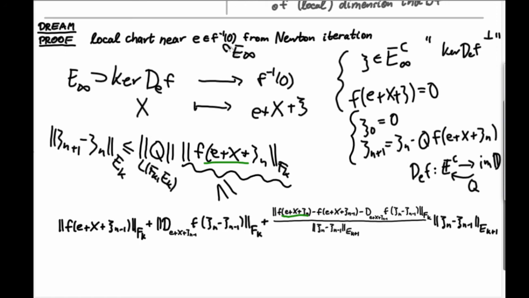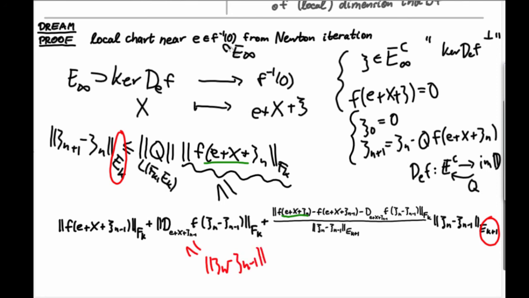One of the problems is that this bounds the EK norm of that difference in terms of the EK plus 1 norm of the previous difference. And similar things, well, here, ideally you'd like to keep this one small and have this also bounded in terms of some norm Cn minus Cn minus 1.